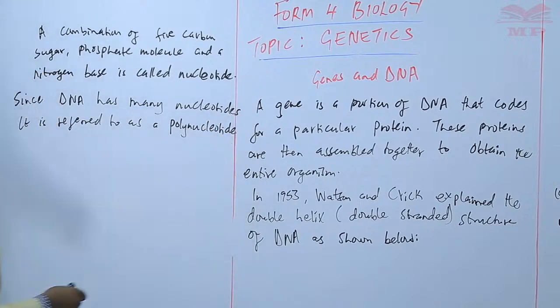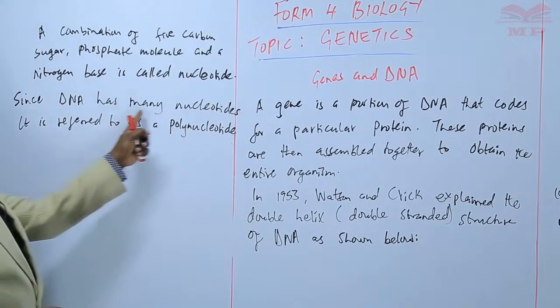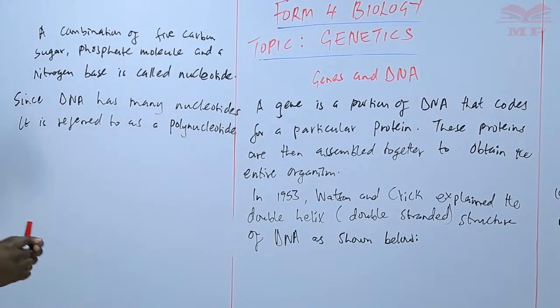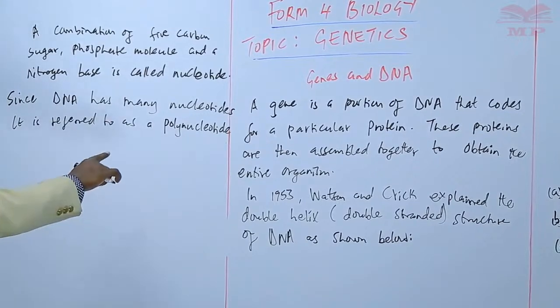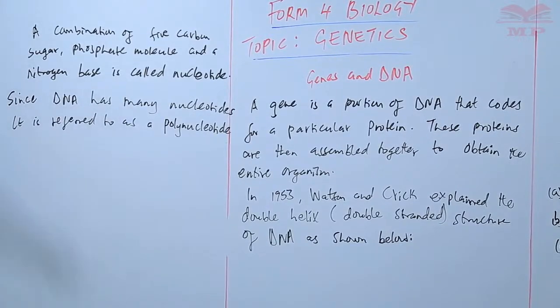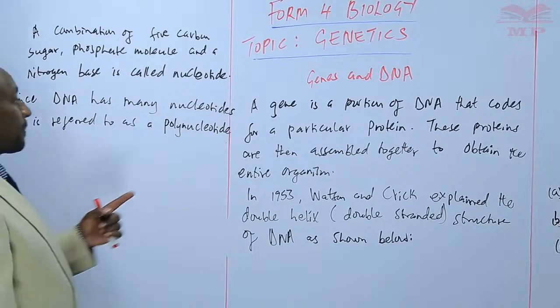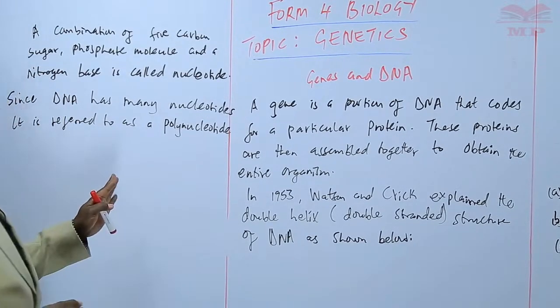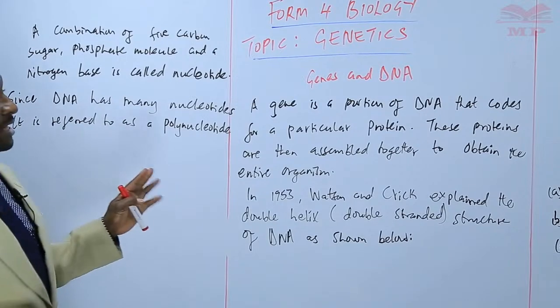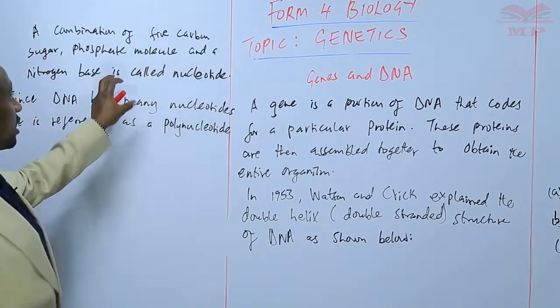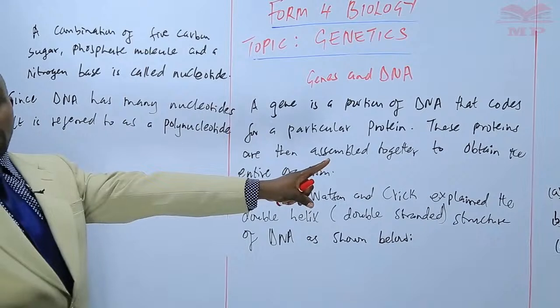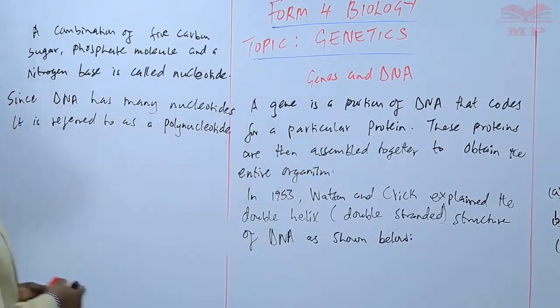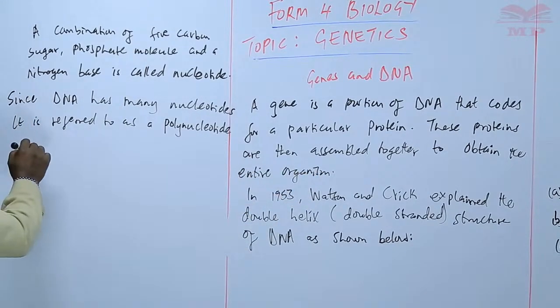It is referred to as a polynucleotide because of the many nucleotides. So we are saying that DNA has many nucleotides, and therefore it's referred to as a polynucleotide. So we're going to have an example showing how the different structures of the DNA are arranged, incorporating the 3 components of the DNA. So we'll have that in form of a diagram.